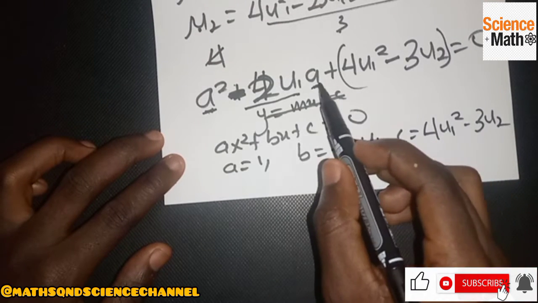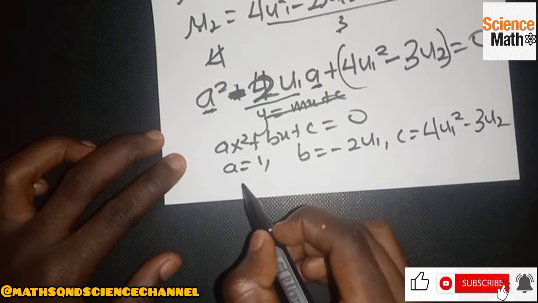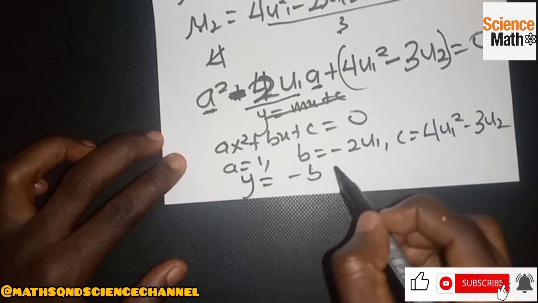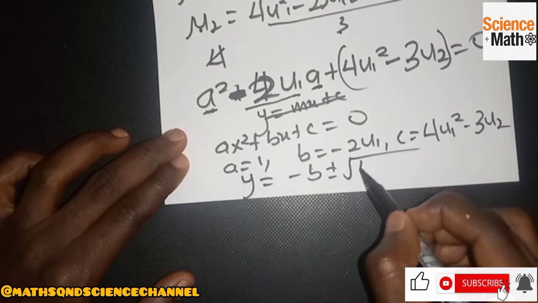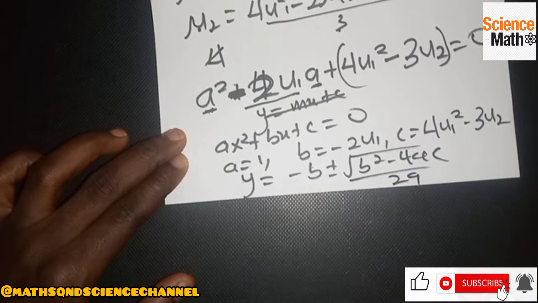In order for us to get a, we use the quadratic formula. So y equal to minus b plus or minus the square root of b squared minus 4ac, divided by 2a in this case.